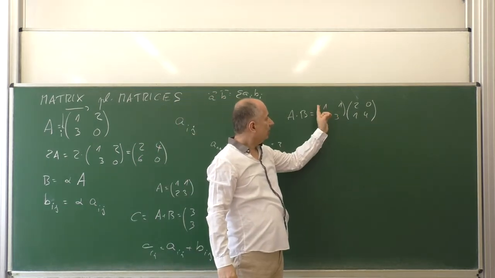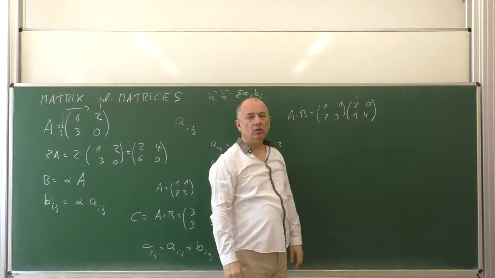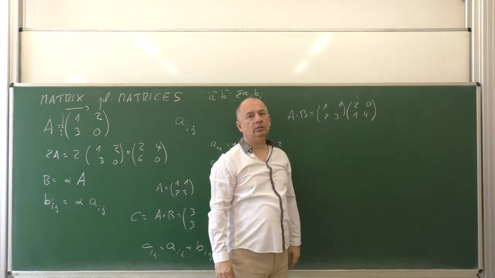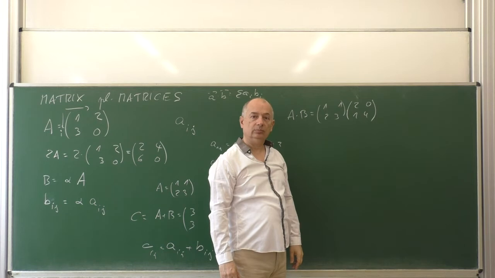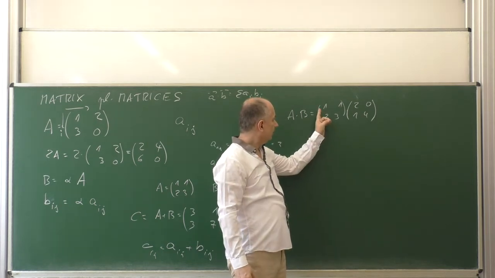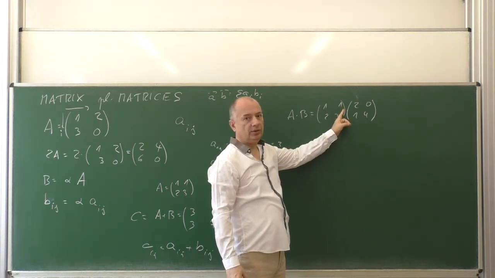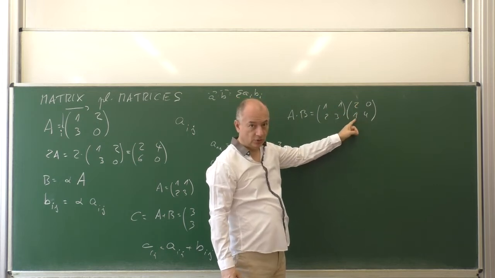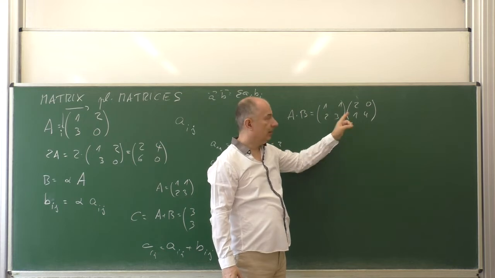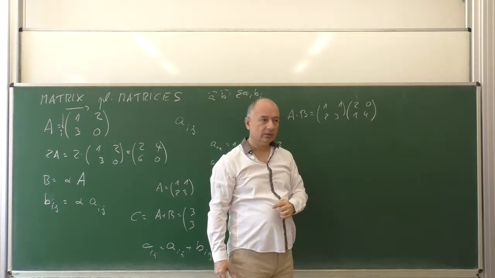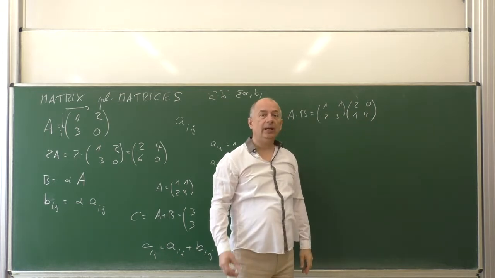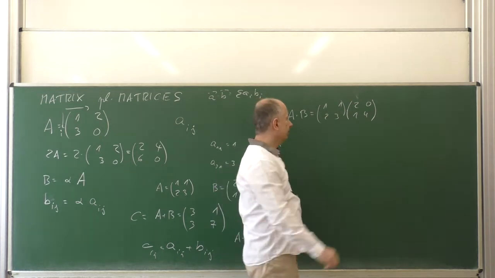Now, consider one particular row from the first matrix and one particular column from the second matrix. And if the width of the first matrix, the number of columns, that means the length of the rows, equals the number of rows, the length of the columns, then we can consider the scalar product of one row with one column, and this will be the entry of the new matrix.